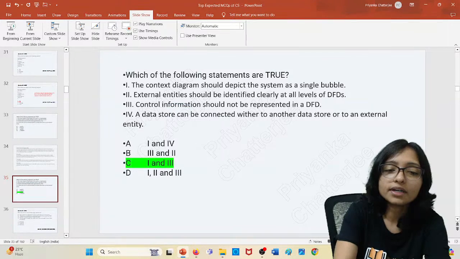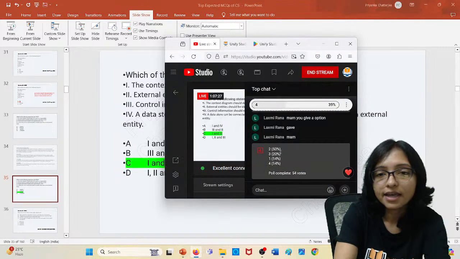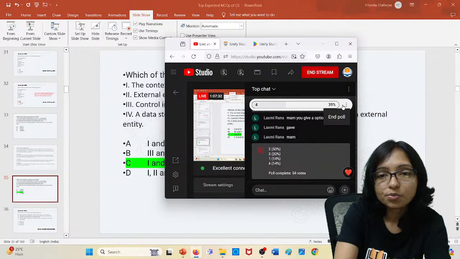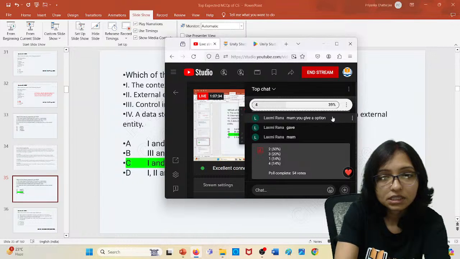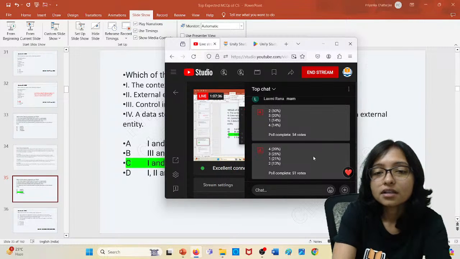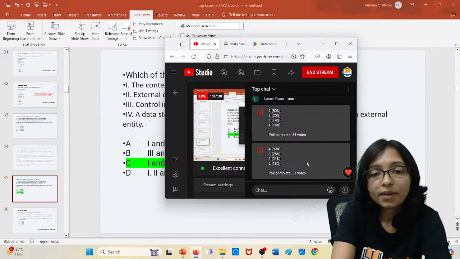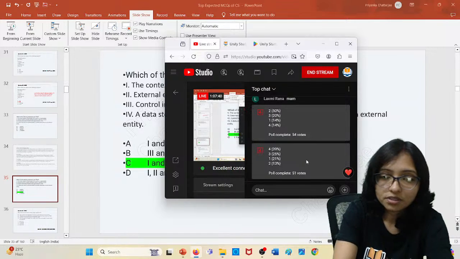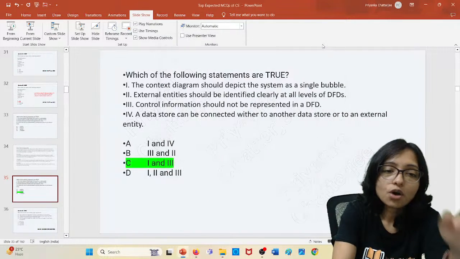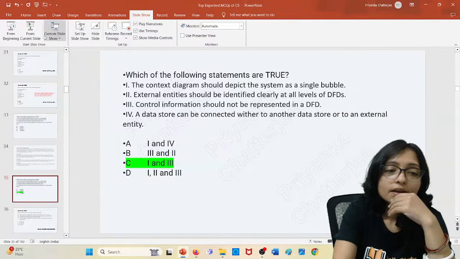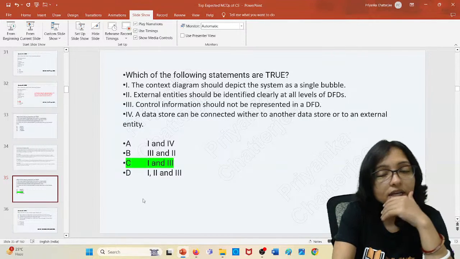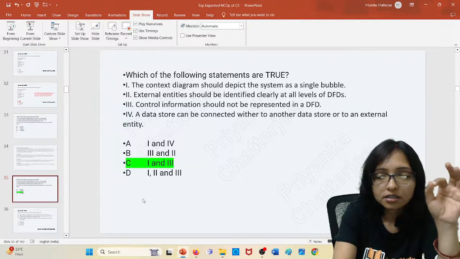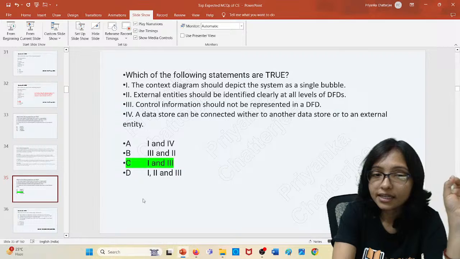How many of you did the correct answer? You can see that option 3 was chosen by 25% of students. Most of you chose option 4 and they are wrong, because DFD is not focusing on external entities.